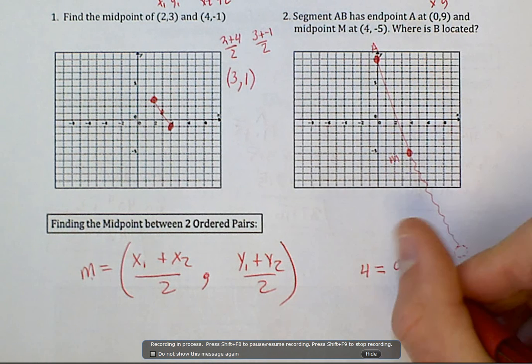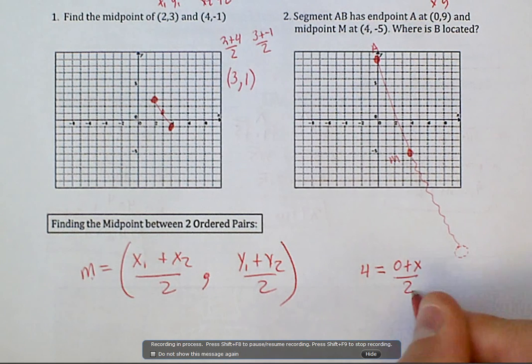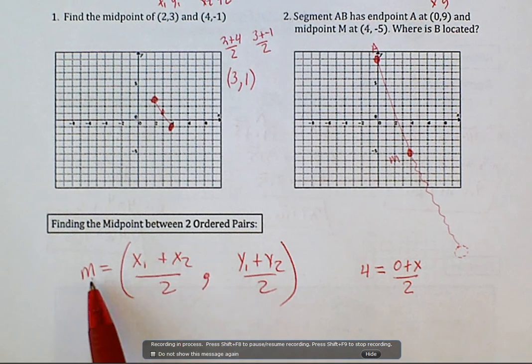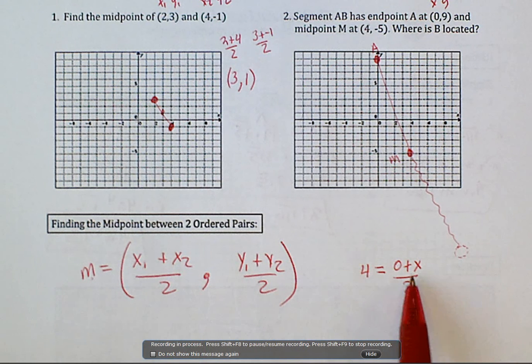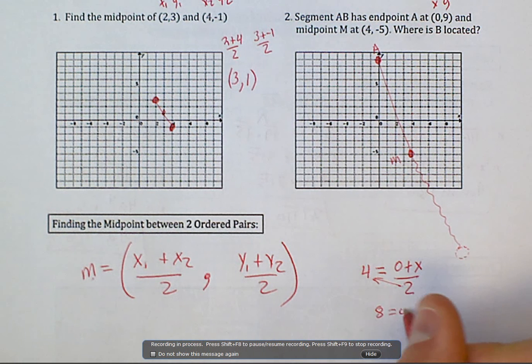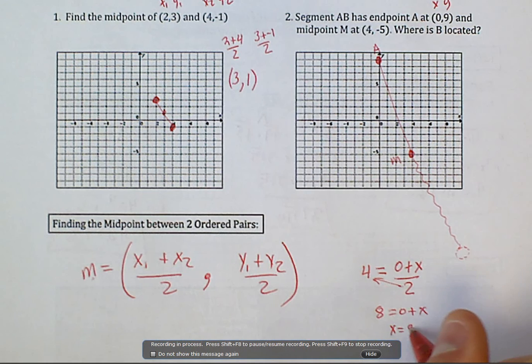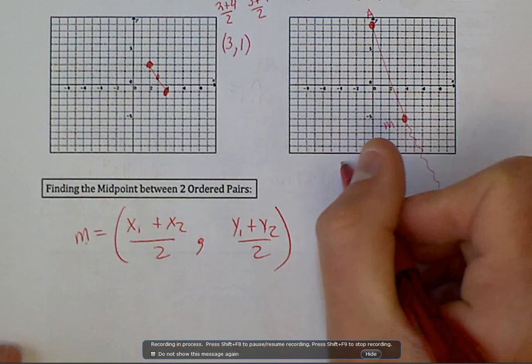I'm trying to find the other x value of point B. So all I'm doing is taking M, plugging in my 4, and my 0 for this x, and this x divided by 2. You can see that right here. And now you just solve for x. Times 4 by 2 and get 8. 0 plus x is just x, so x equals 8. So right now, my coordinate is 8 comma something.